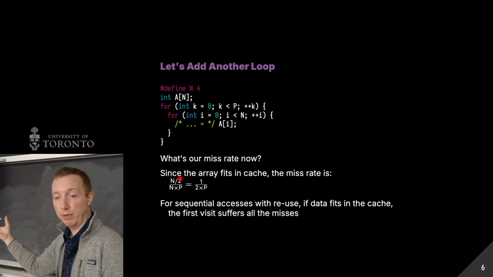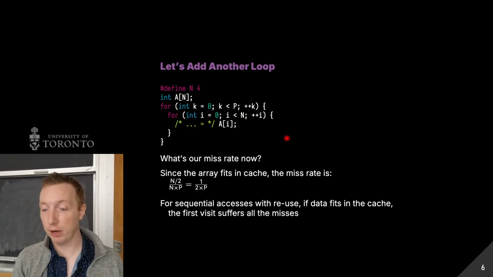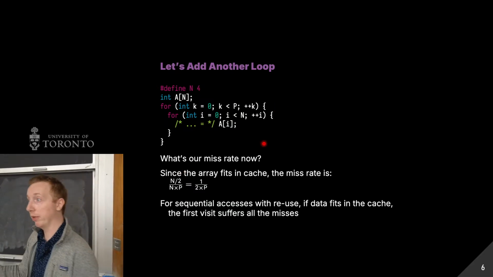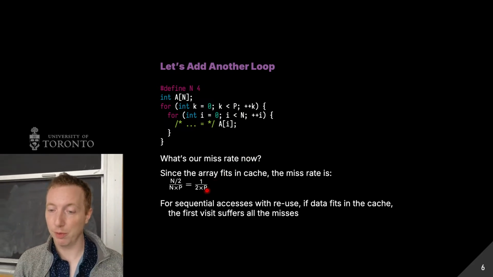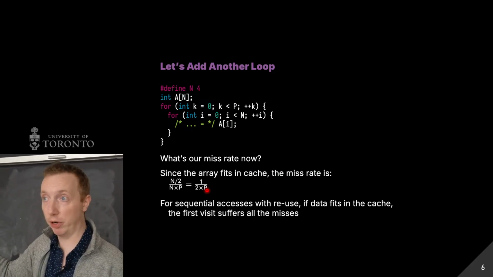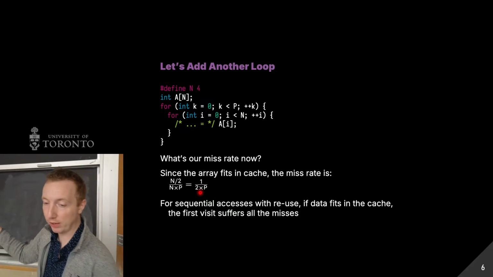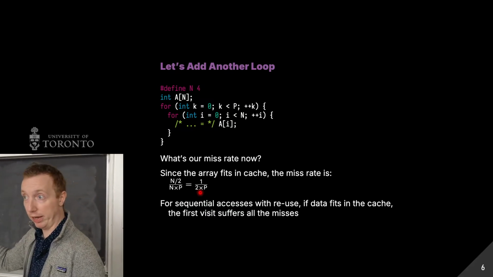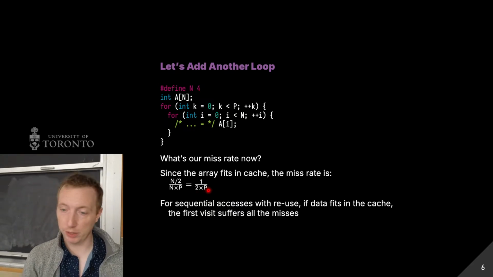Then the whole array fits in cache. So every time we iterate through this outer loop, our whole array is in cache, so they're all hits. The more times we run the outer loop, the more hits we get, and the better our hit ratio. So the number of accesses we have is just n times p, so our overall miss rate is now 1 divided by 2 times p.